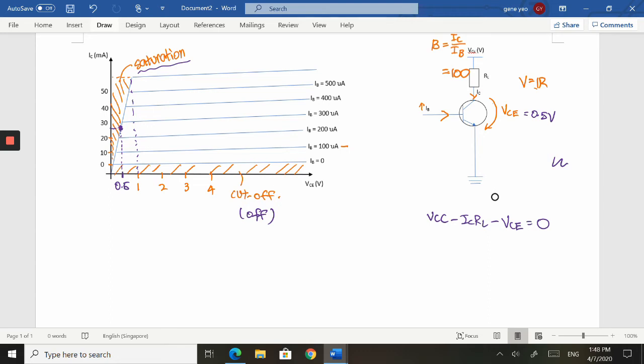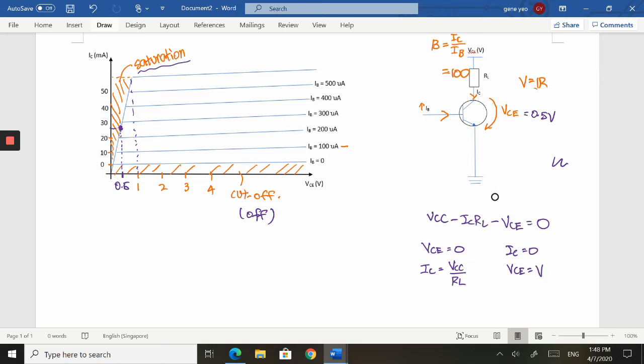Yeah. So if my VCE is 0, my IC equals VCC over RL. And if my IC is 0, it means my VCE equals VCC, when this whole thing becomes 0.